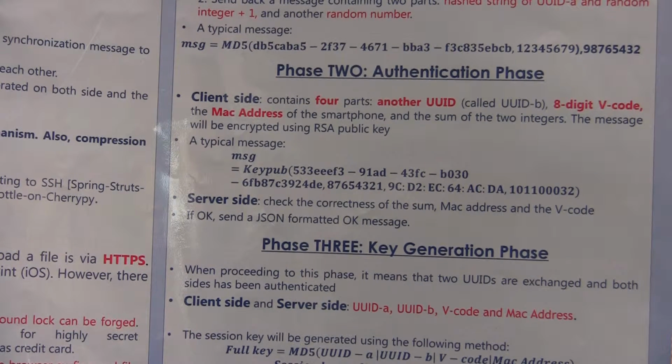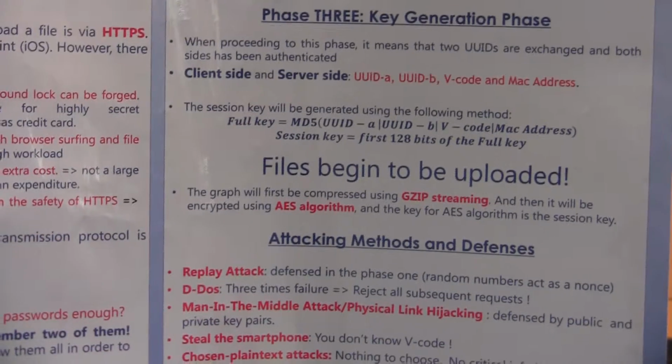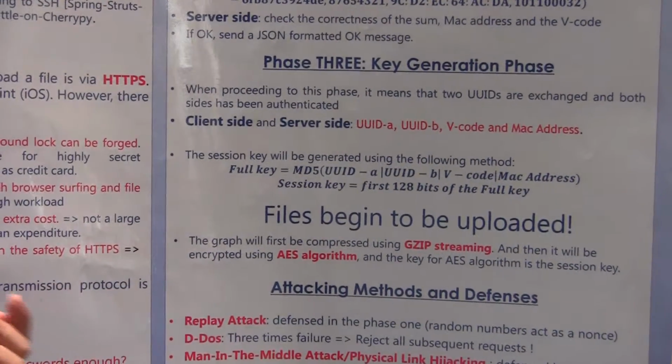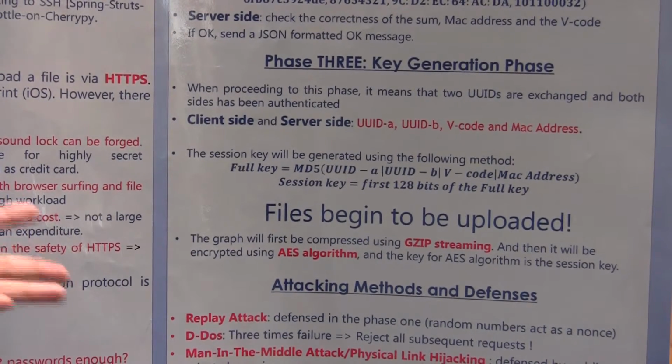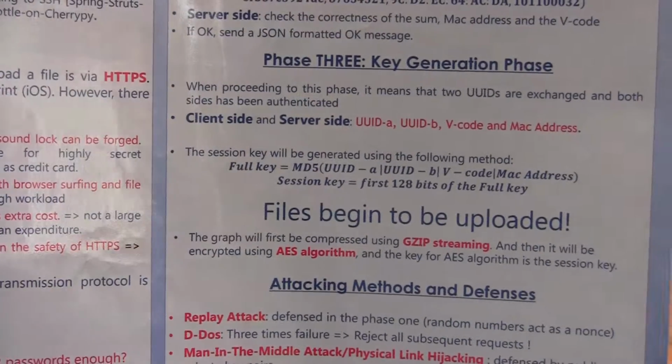Okay, so now let's proceed to the next part: the attacking methods and their corresponding defenses. The first is the replay attack. This can be defended using this nonce and this nonce.